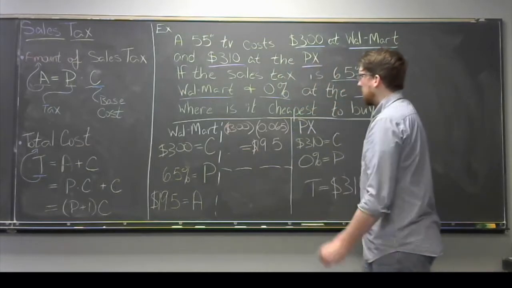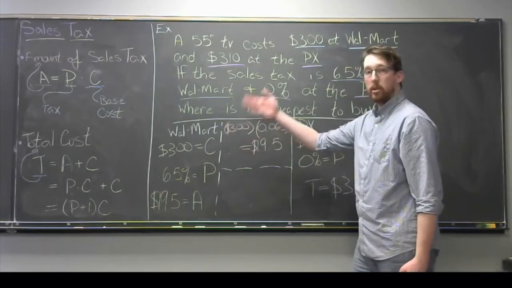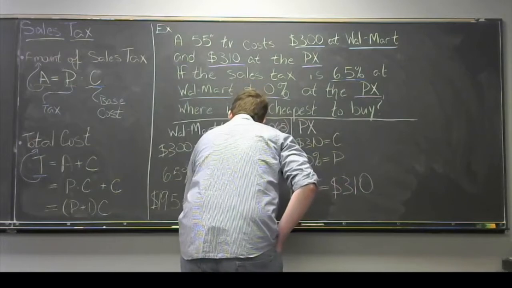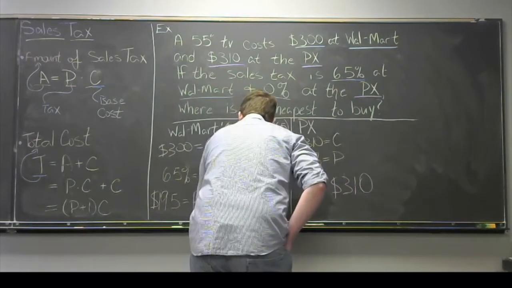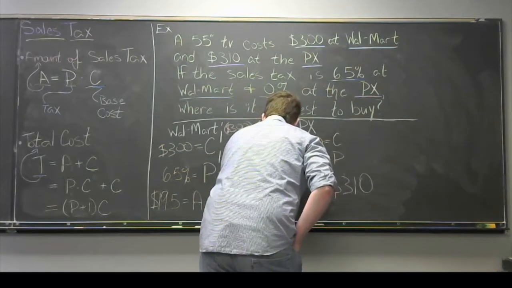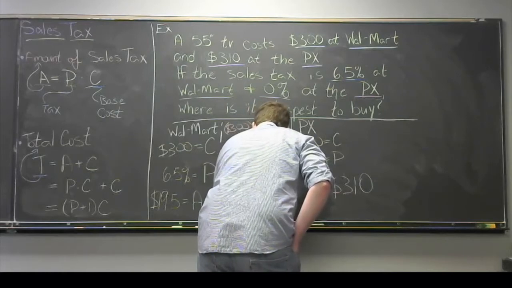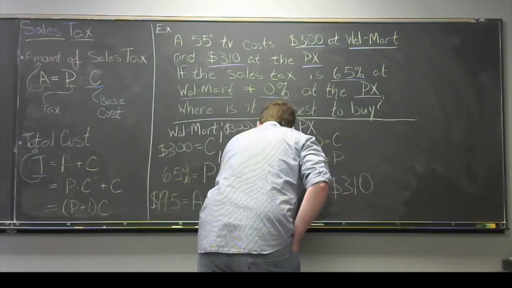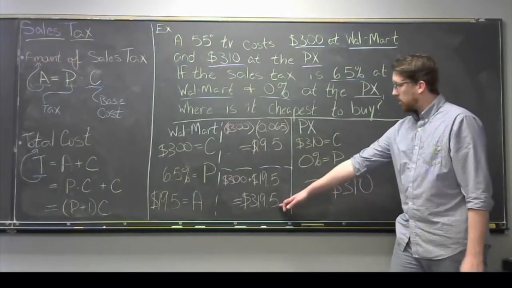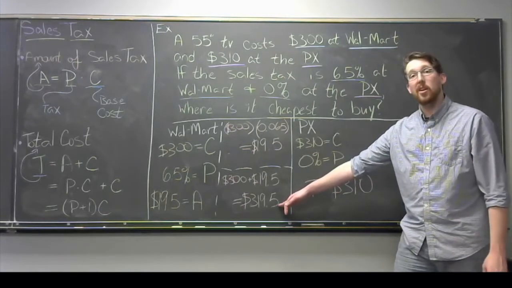So what's left is to add $19.50 back to 300, to find that the total cost of the TV at Walmart is $319.50.